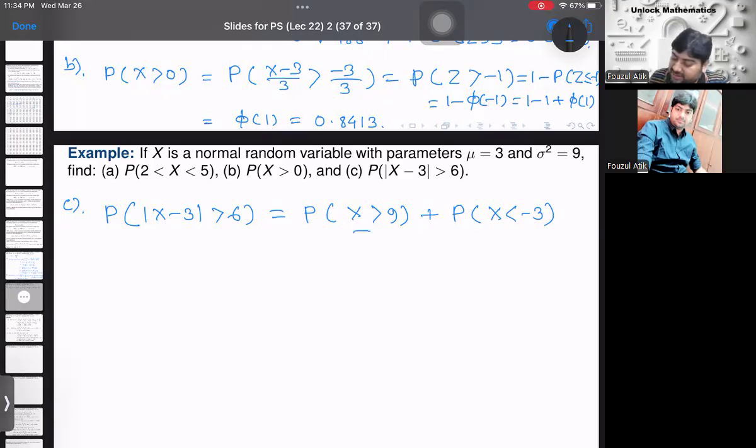Now we need to do the calculation, but again this can be done by converting x to a normal variable. So we'll do that. x minus 3 by 3 is greater than 9 minus 3 by 3, plus x minus 3 by 3 less than minus 3 minus 3 by 3.